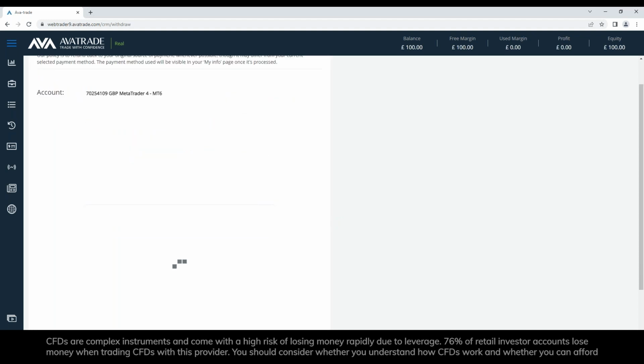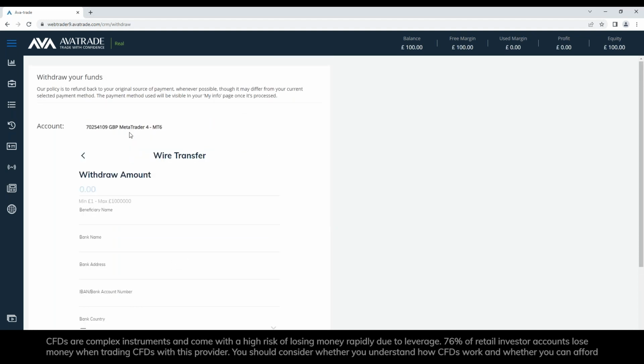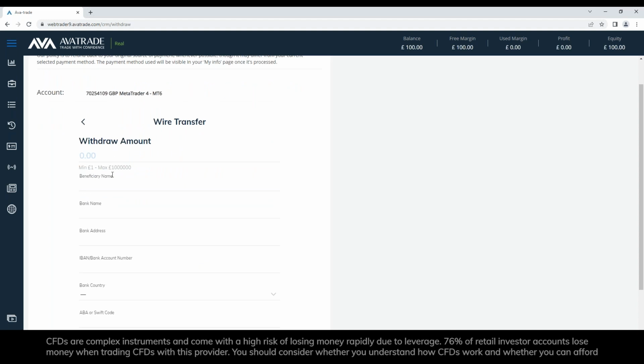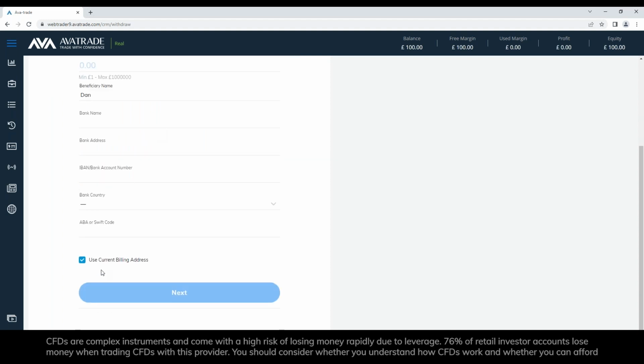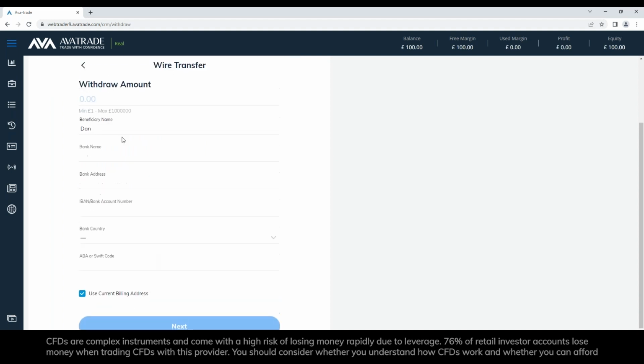Now I'm going to choose wire transfer and start putting my name here. I'm going to keep filling that form till the end. I must go with the exact same details that I deposited with, otherwise my withdrawal will get declined. That's how it works. And when I'm done, I'm going to click next.